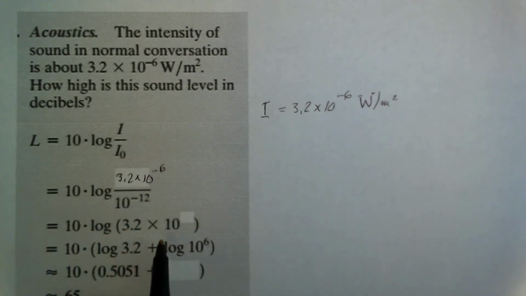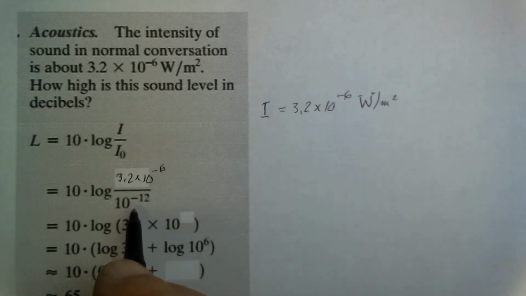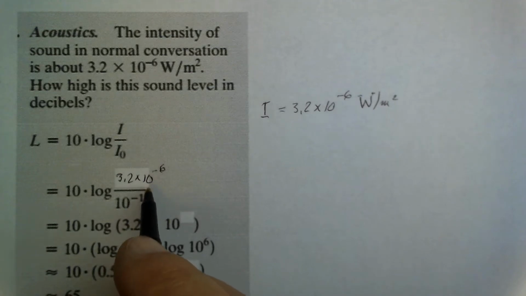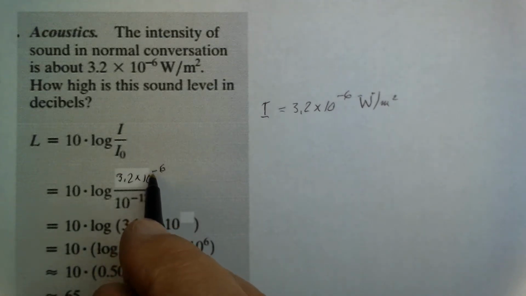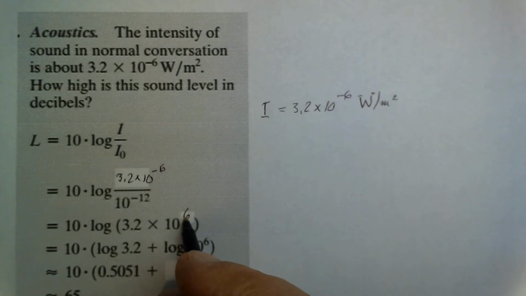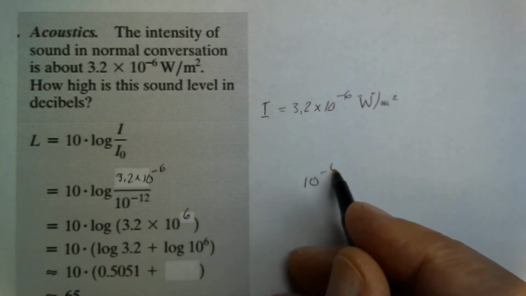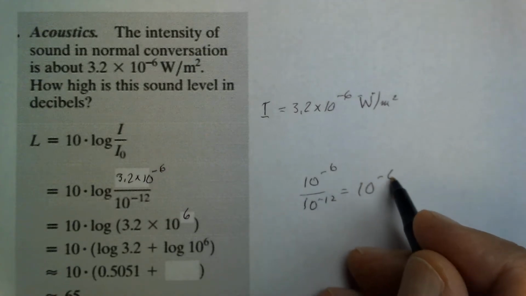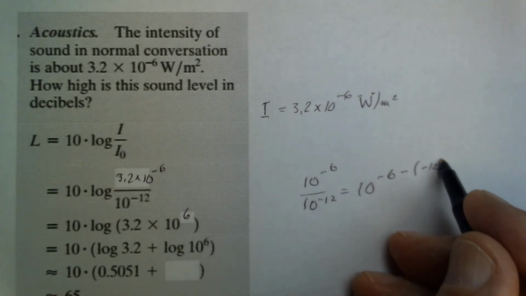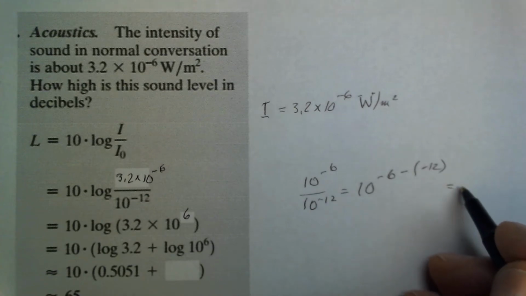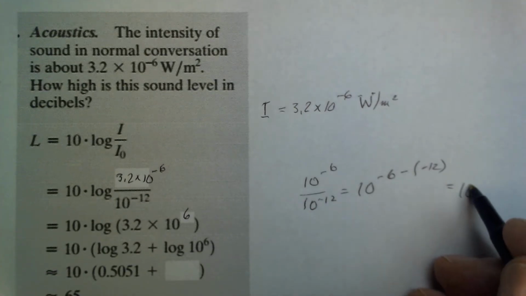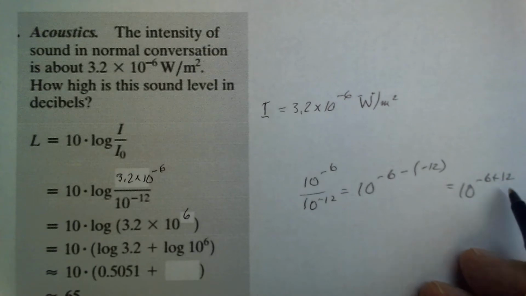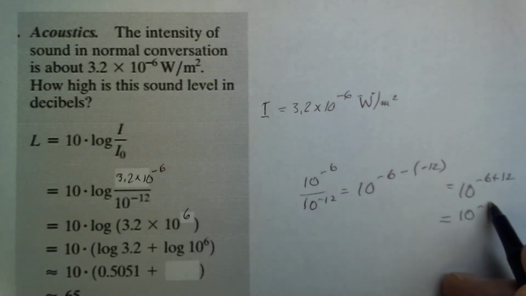divided by 10 to the minus 12. Using the laws of exponents, 10 to the minus 6 divided by 10 to the minus 12 is equal to 10 to the minus 6 minus negative 12, so that's 10 to the minus 6 plus 12, or 10 to the 6 rather.